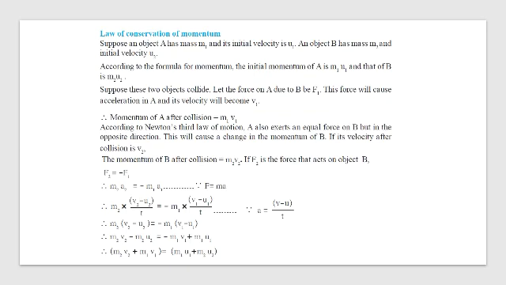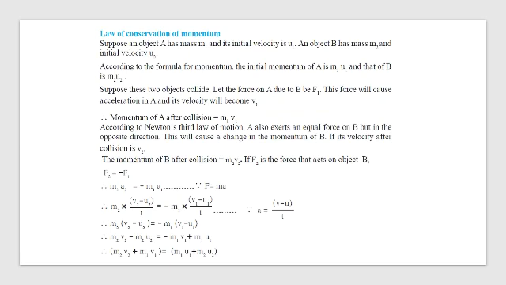So if A is the striker, B is the queen, or if A is the queen and B is the striker, let us take it this way. Then the momentum of B after collision will be m2 v2, and the force applied will be given as F2 is equal to minus F1. Why minus? Opposite direction. That is why the minus sign is indicated.